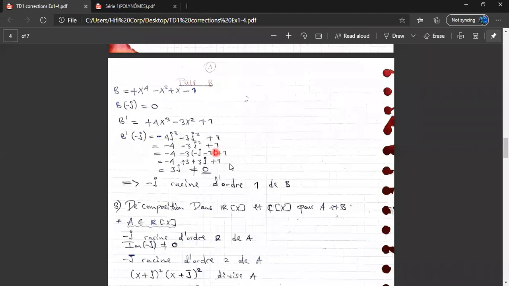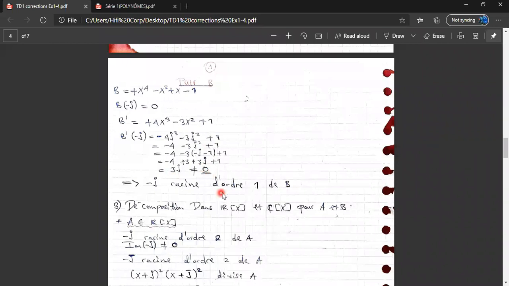Since from here I can simplify j into this form, I multiply this here to be positive j, 3j, multiply here to be plus 3, plus 1. So this will be 4, so negative 4 plus 4 will be 0. We just remain with positive j, and positive j is not equal to 0.